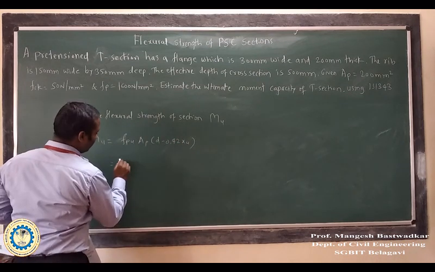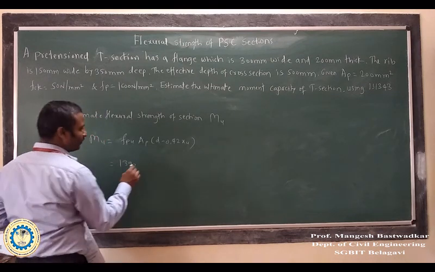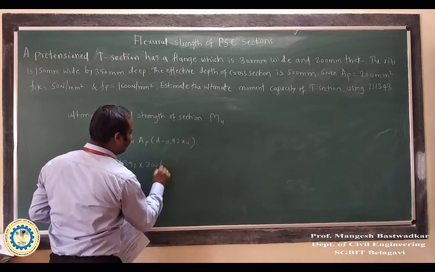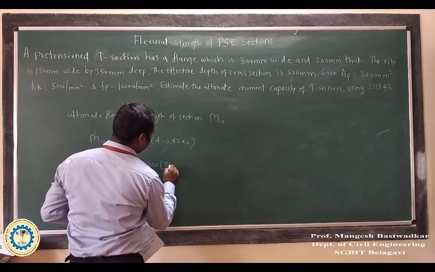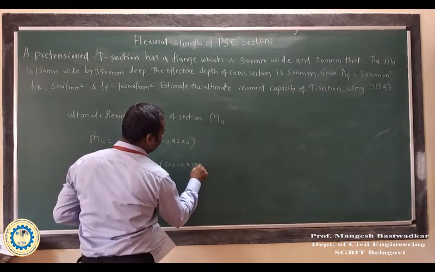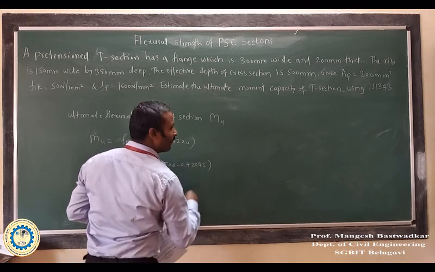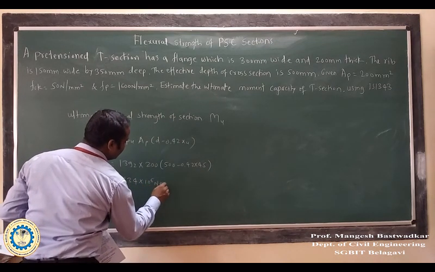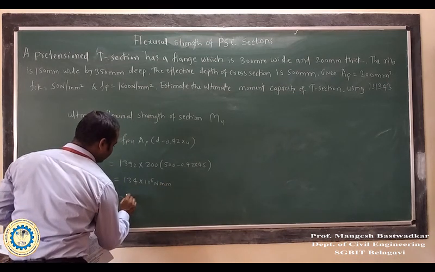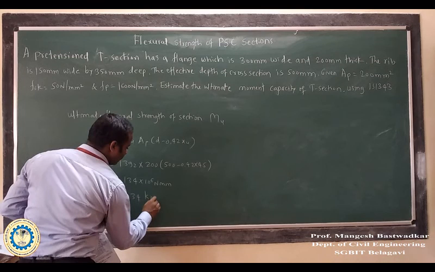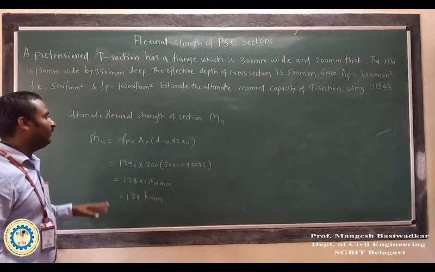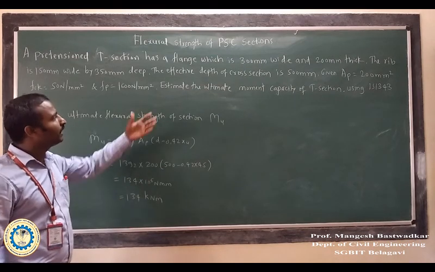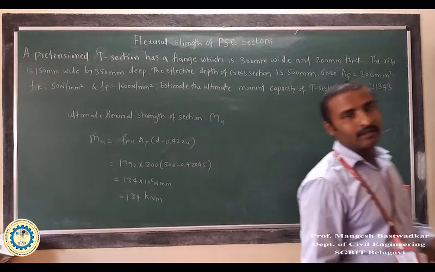Substitute the values: 1392 is the effective pre-stress, the area of pre-stressing steel is 200 mm square, the effective depth is 500 mm minus 0.42 into XU, which is 45 mm. So this value is 134 into 10 raised to 6 Newton mm. Dividing by 10 raised to 6, it is in kilonewton meter. This is the final value, also called the ultimate flexural strength of the section or the ultimate moment capacity of the section.